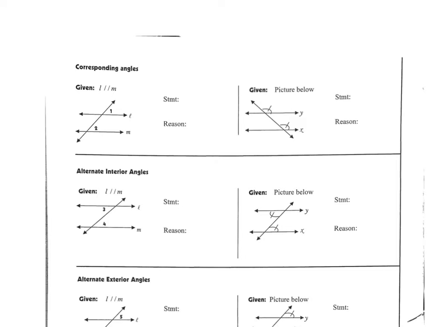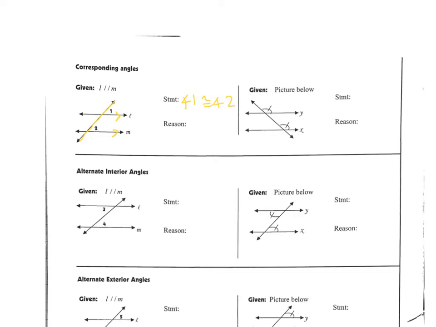So taking a look at this here, we are given parallel lines. So we are given that line L is parallel to line M. And here's our transversal. If we're given parallel lines, we can then say that our statement would be that angle 1 is congruent to angle 2.